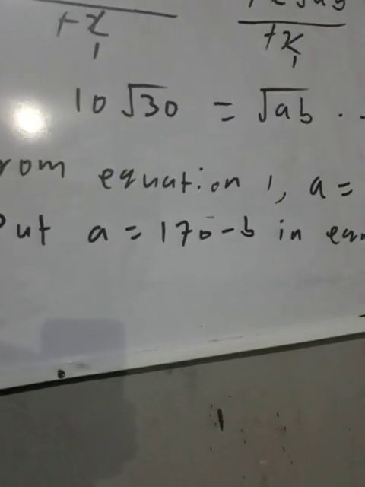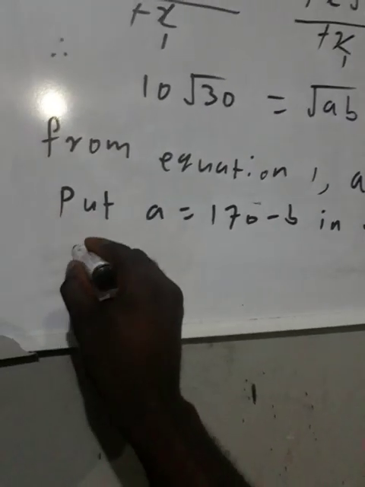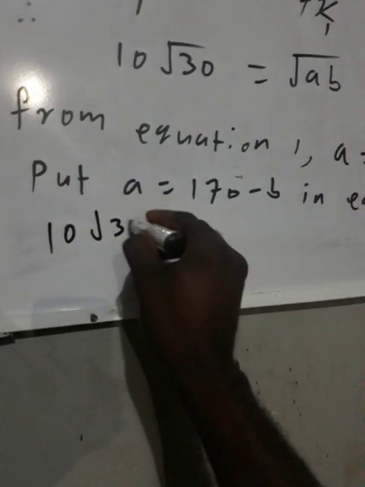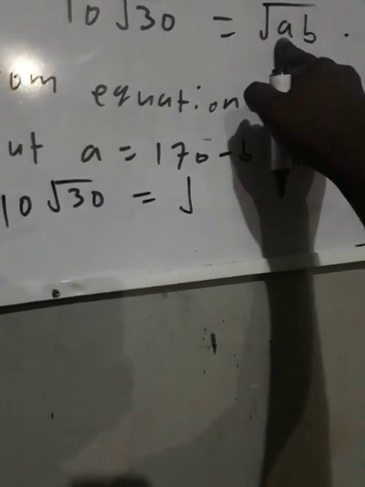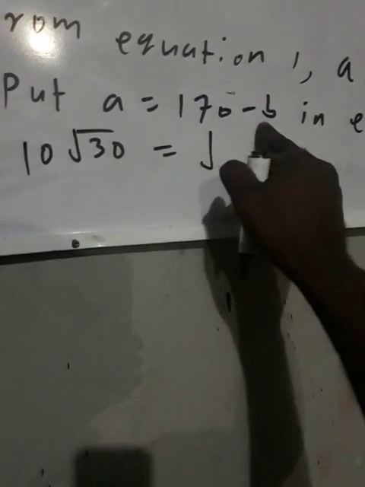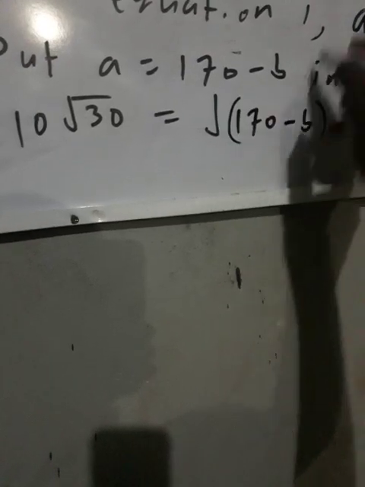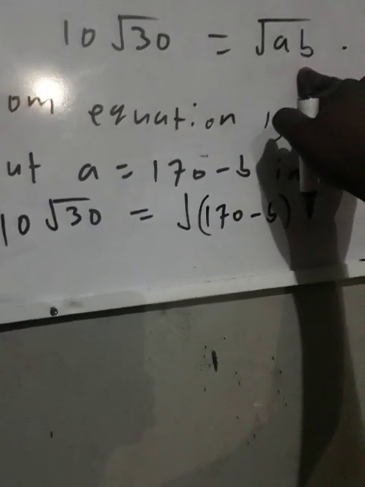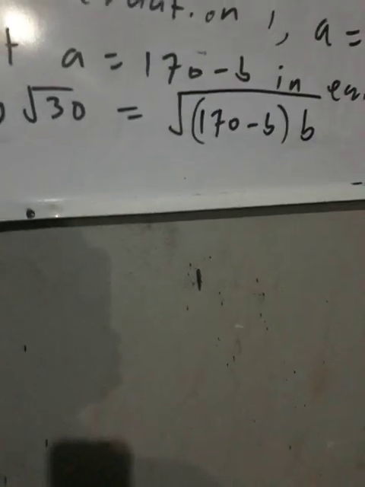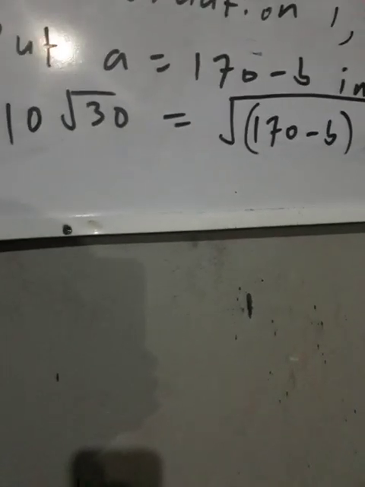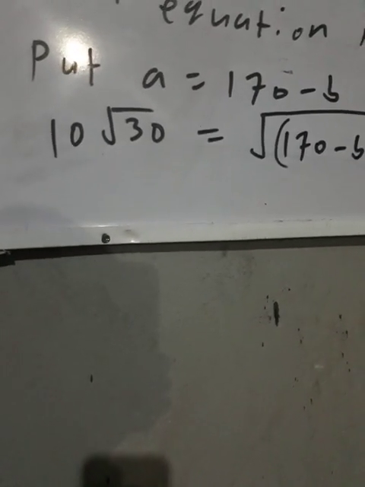This will now give us that 10 root 30 is equal to root of 170 minus b times b. Remember a is equal to 170 minus b. So find the square of both sides.